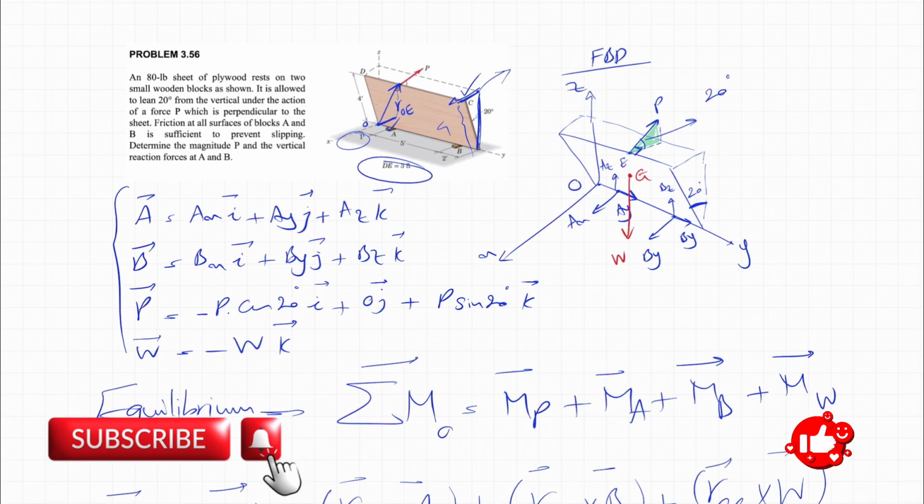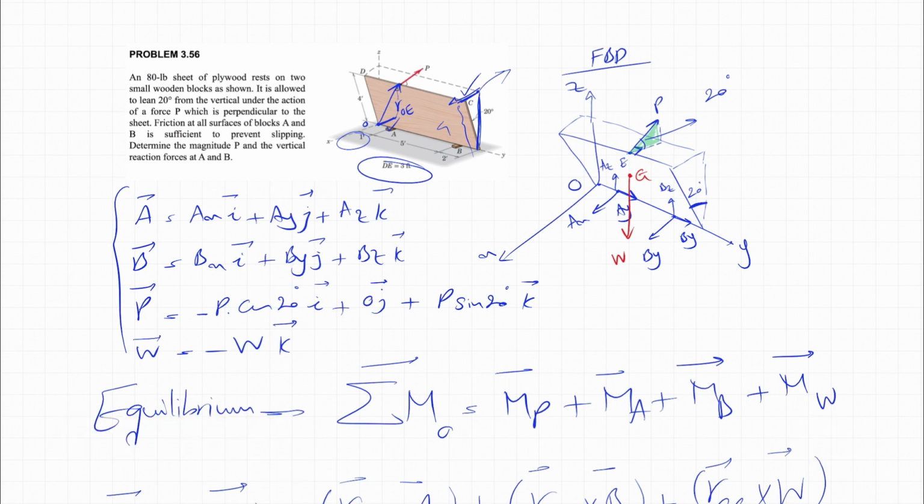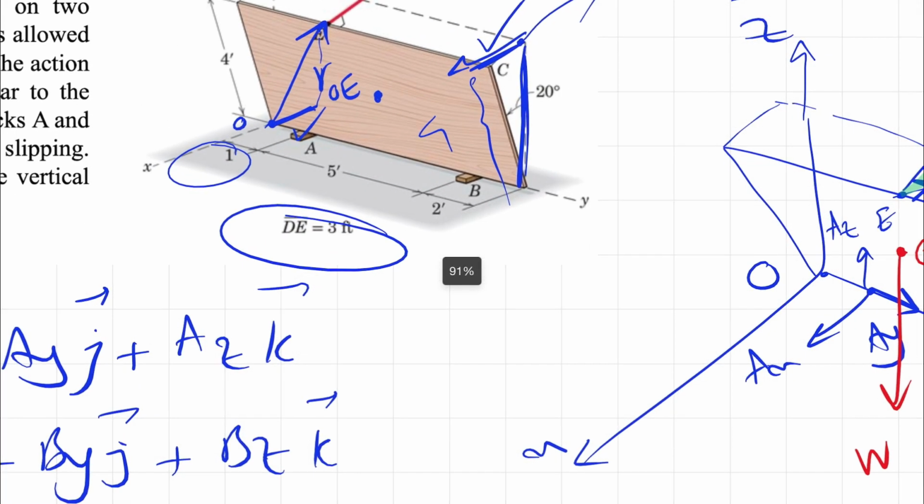And the last matrix that we have is the weight. Moving from O to G, for X it's very similar to moving from O to E, but this time we're just going half of that distance since it's the center of gravity. So instead of 4, we have 2.